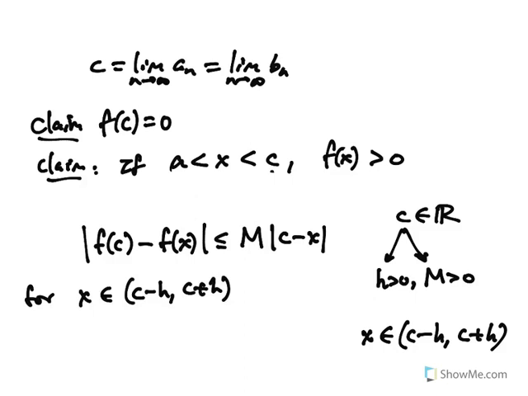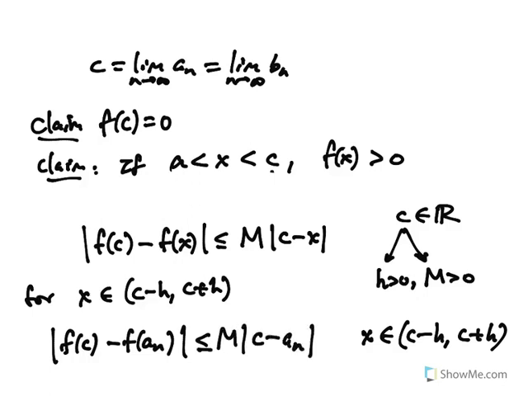then the Lipschitz inequality is this. And what I'm going to do with that is just plug in A sub n for x. You see that this thing here is going to 0 because the A sub n's are converging to C, so their difference goes to 0. And this constant m doesn't affect that. If you have a quantity that's going to 0, then m times that quantity will also go to 0.